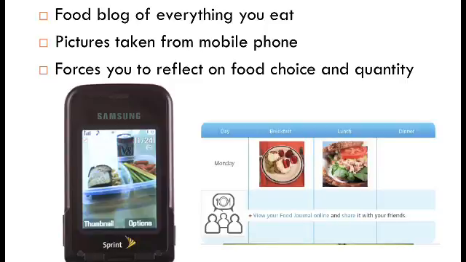You could see yourself eating the big slice of cake at night, or you could see yourself having lots of coffee with milk and sugar and other things in it all day that are just adding to your total calorie intake. So that was a way to just have people reflect on what they were eating and build awareness so that they could then have various behavior change based on that.